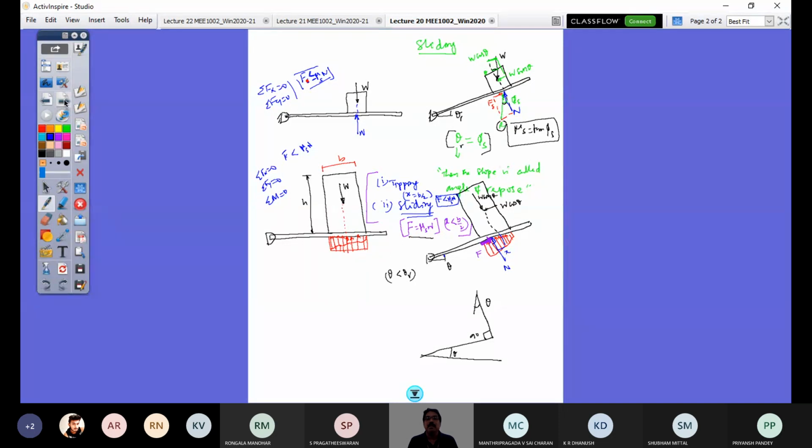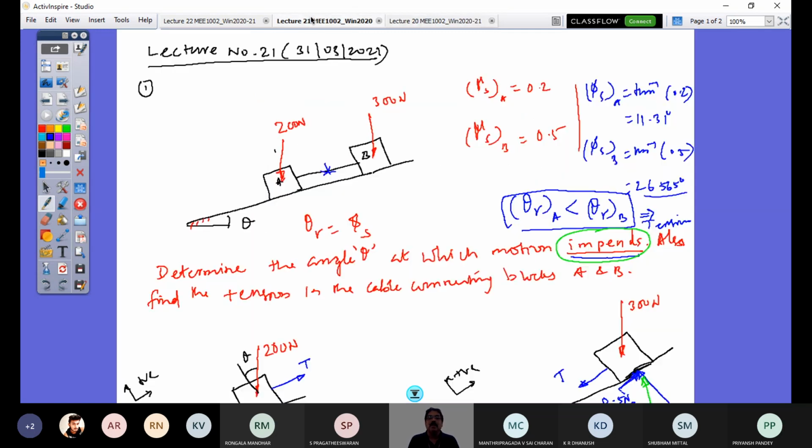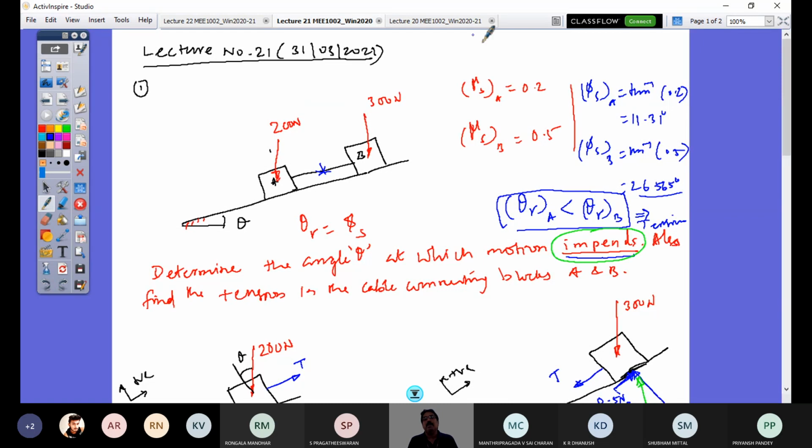So we understood an important definition called the angle of repose. Also, we were able to differentiate between tipping and sliding, and we obtained the conditions necessary for tipping and sliding.